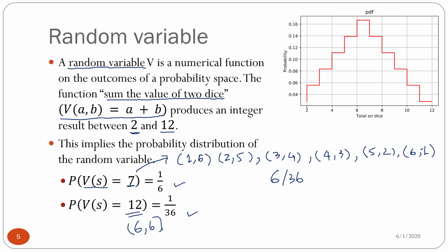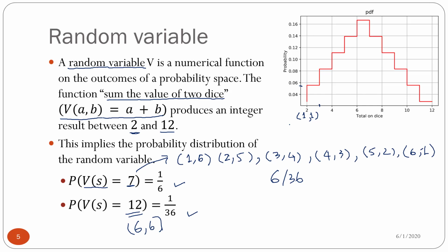So what's the probability of random variable v taking the value 2? It will take the value 2 only when you have 1 and 1. And what's the probability? 1 by 36. That's the value you got right here. Now what value do you have here for 3?